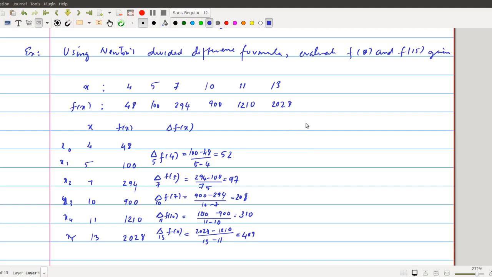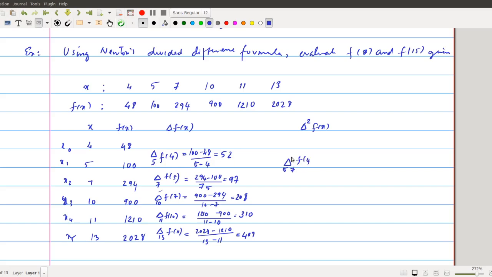Now you evaluate delta square of x, the divided difference, which is obtained by taking the difference between these two. That is denoted by delta square 5 7 of f of 4, which comes from these two numbers 5 and 7.